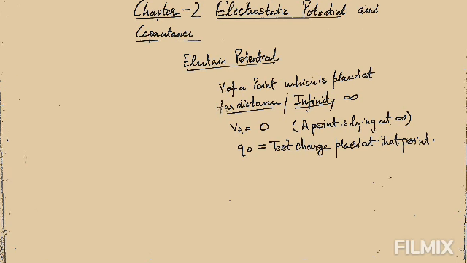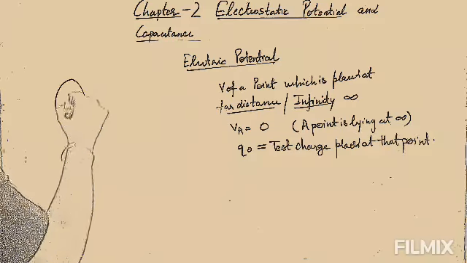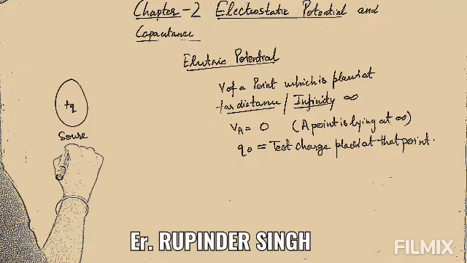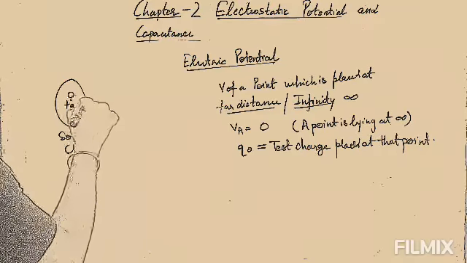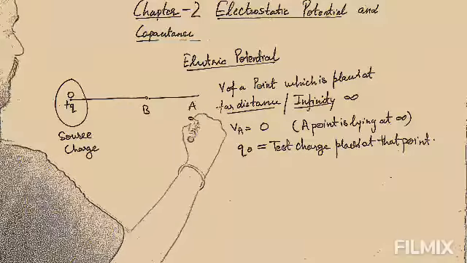So if Q naught is the test charge placed at that point, we have to bring it to point B. Let us say it is our source charge, point O, point B is there, and point A is lying at infinity now.